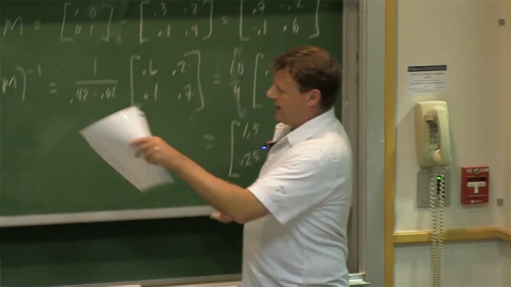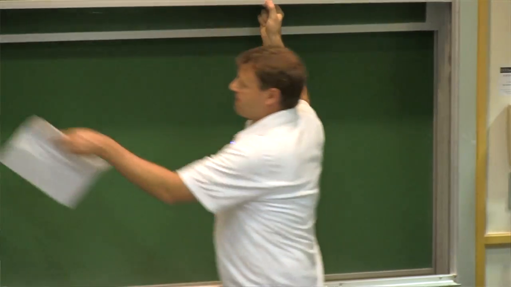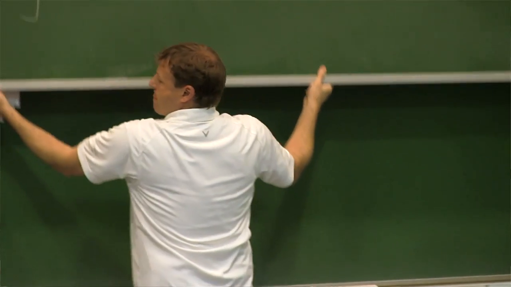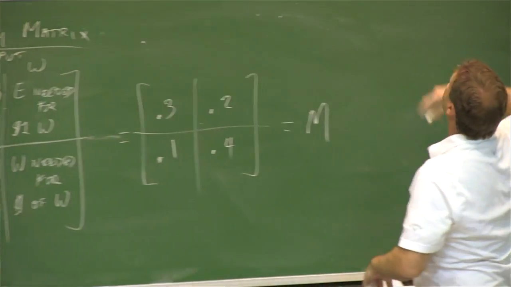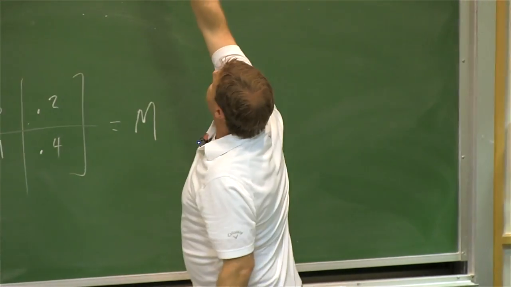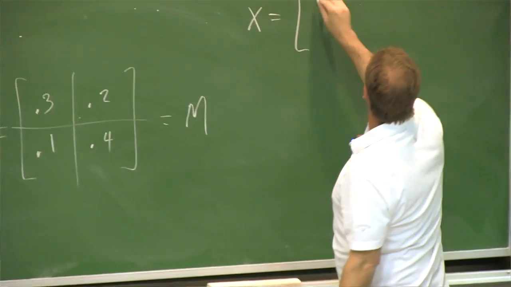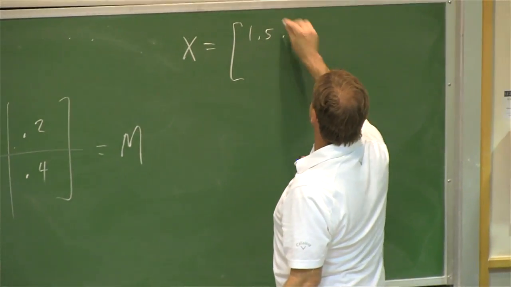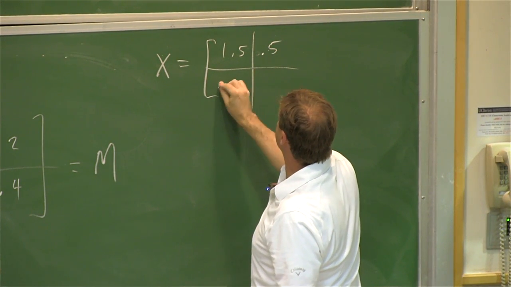Our whole goal was to find x. So x is equal to that matrix times d. If you want, we can put a grid here so you don't lose track of those numbers.